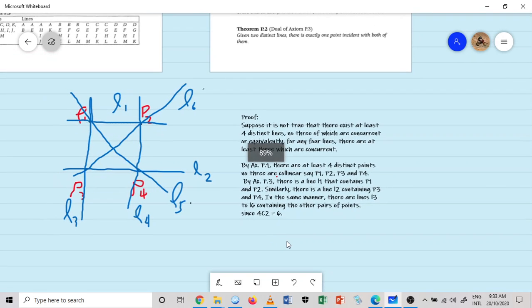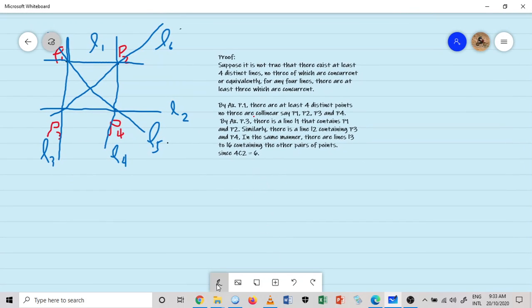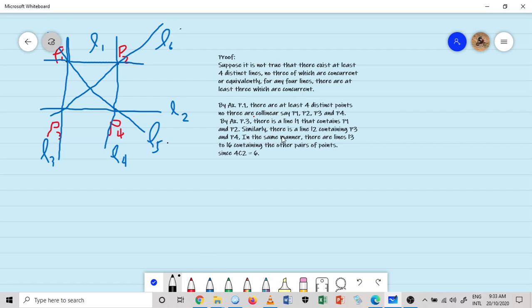So this would mean that since L1 contains P1 and P2, take note, P1 and P2 are on L1, would imply that P3 and P4 cannot be on L1. Otherwise, there would be three points collinear.